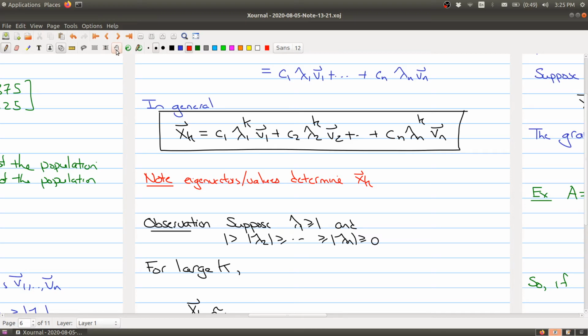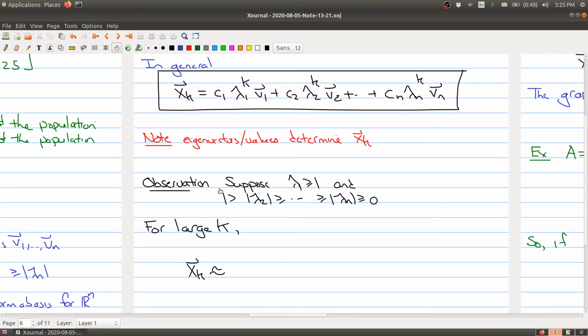Now, the observation we want to use is this: suppose the first eigenvalue is the largest and its absolute value is 1 or greater, and the rest of these eigenvalues are strictly less than 1 in absolute value. Well, what happens in that case is that for large k, when you take large powers of these numbers, they all go to 0.